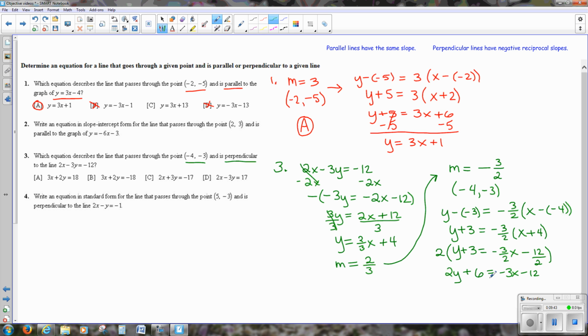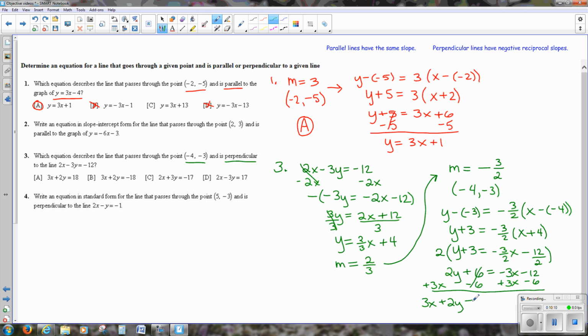Almost done. We're going to add 3x to both sides. Remember, we're trying to get the x and the y on the same side here. And we're going to move this constant to the other side by subtracting. So we end up with 3x. This was a positive 2y.